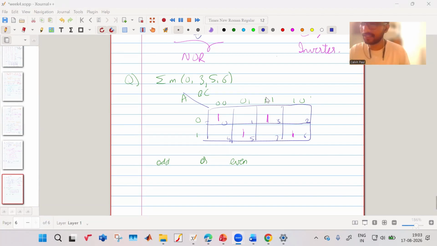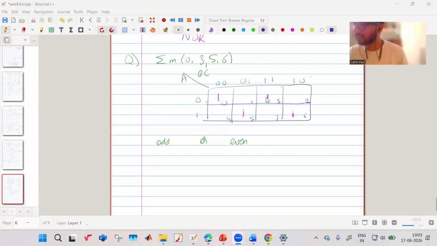Let me clarify your doubt. Your minterms are 0, 3, 5, and 6. First of all, it is not like these two are odd and these two are even.